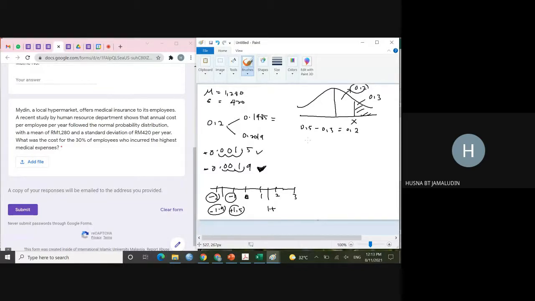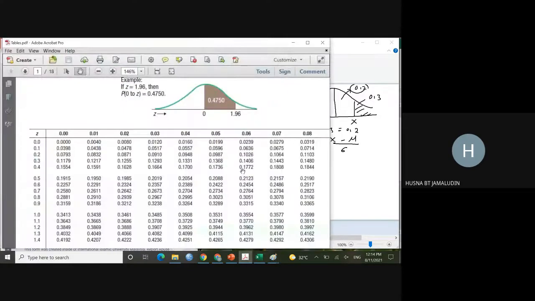So okay, let's apply the formula. The z equals x minus mu over sigma. So now we are talking about whether we want to take the first or the second, and it shows that the second will give us the lowest value. So what is the value of our z? Where is the 0.2? Okay, so the second, right?